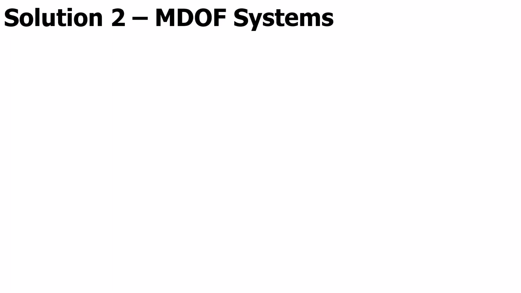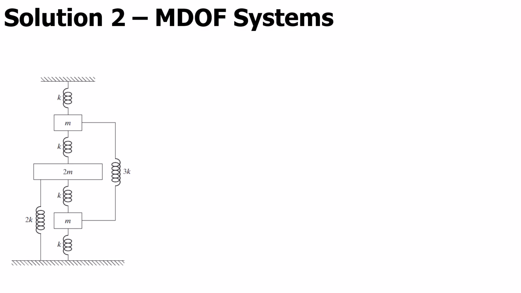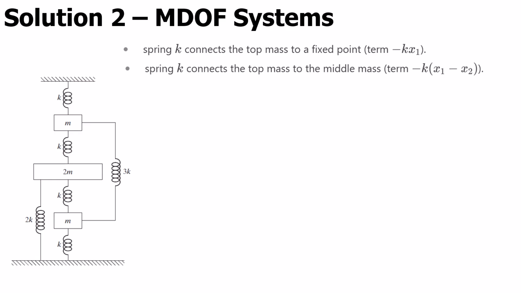Here we have a system with three masses: a top mass m, a middle mass 2m, and a bottom mass m. These masses are interconnected by springs with stiffness values K, 2K, and 3K, and some springs are anchored to fixed points.